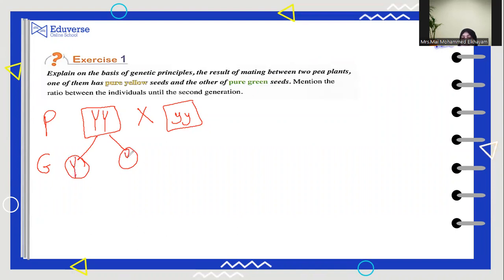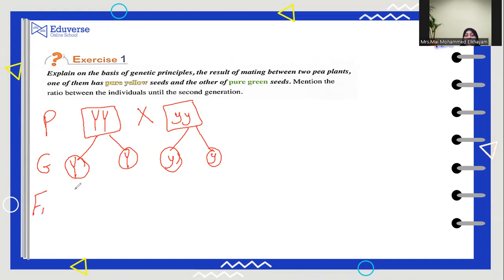A factor. So these are the probabilities of the gametes formed by this parent. And these are the other probabilities formed by the other parent, Y small and Y small. So again, gametes, pay attention. Here, parents are diploid, gametes are haploid. If I have here two letters, the gamete will be one letter only.